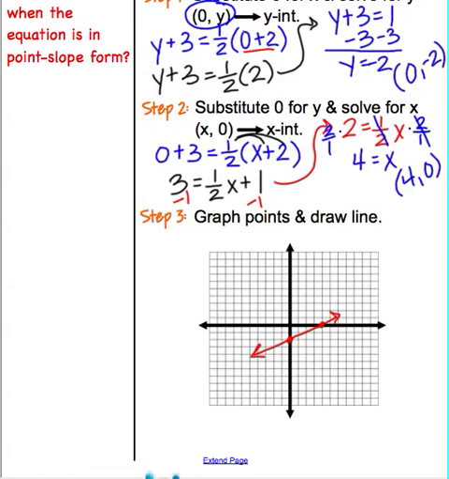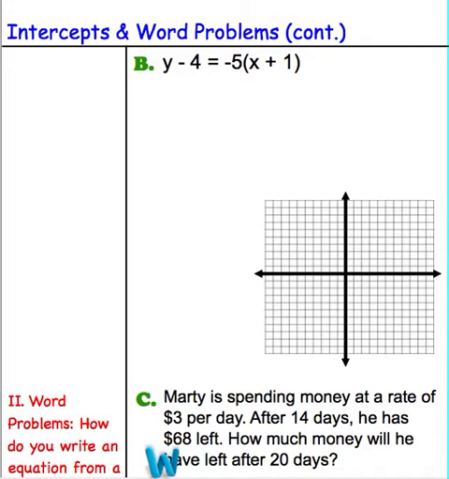So let's go ahead and try another example here. Our second example is y minus 4 equals -5 times the quantity x plus 1. So my first step is I'm going to put in 0 for x and solve for y. So I have y minus 4 is equal to -5 times 0 plus 1.